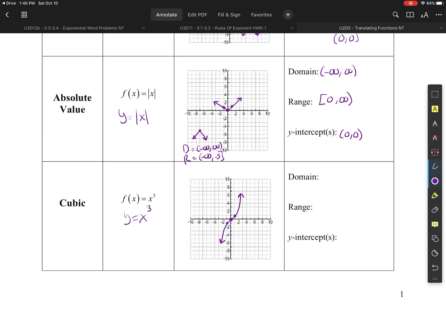If we have a cubic graph, the domain and range is always all reals. Even if the graph were to move up or over, that's still all reals. It impacts its x-intercept and y-intercept, but domain and range stays the same every time.